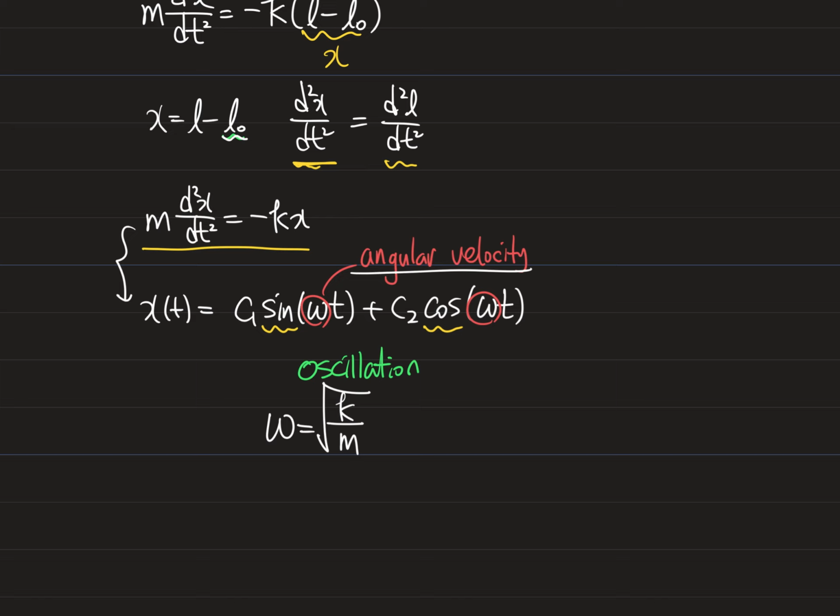But there is one loose end. We have to determine these two constants, C1 and C2. And these constants depend on the initial condition.